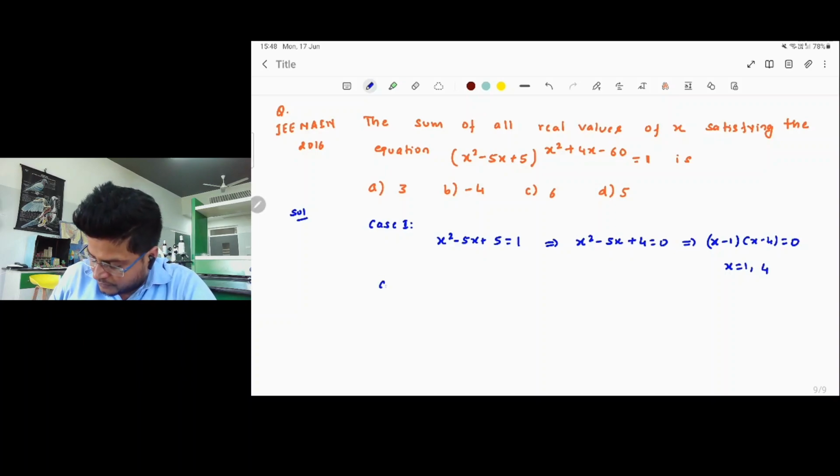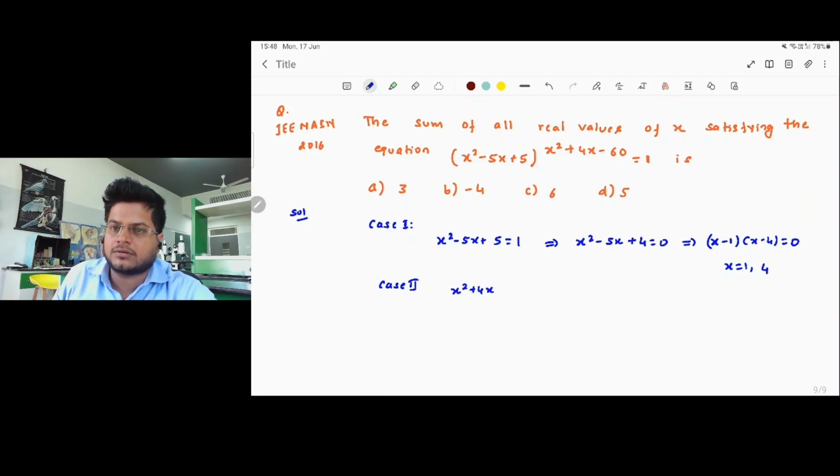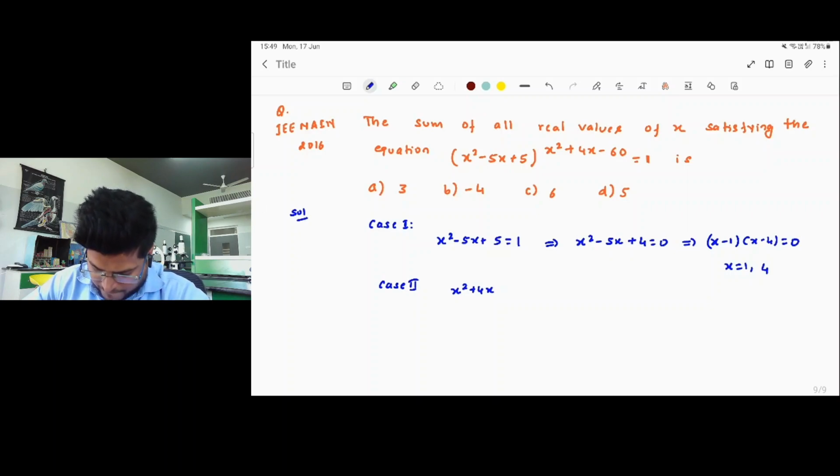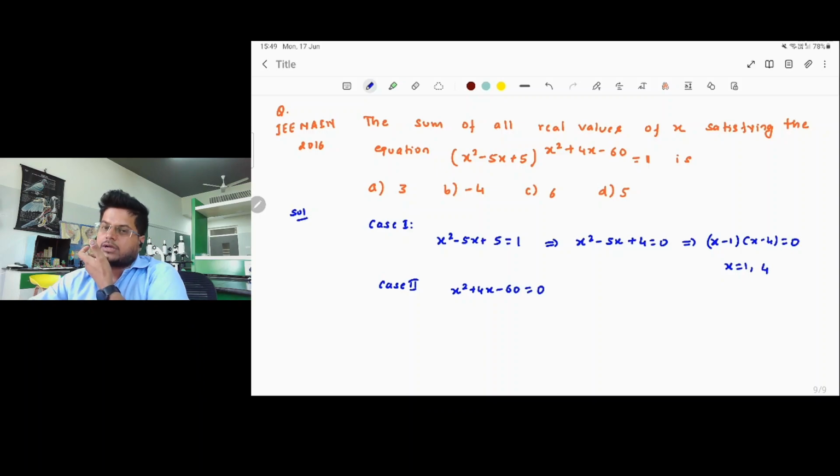Now case 2. What is case 2? Case 2 is when x square plus 4x is 16, so x square plus 4x minus 60 becomes equal to 0. Yes, that's correct.